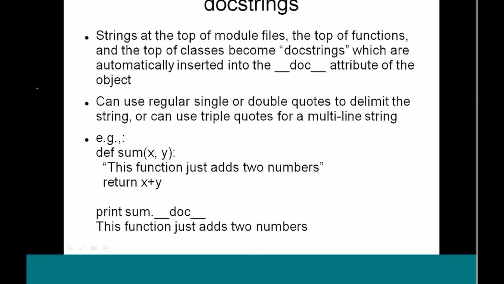Strings at the top of the module files, or the top of functions and top of classes can all become doc strings, which are automatically inserted into the underscore doc underscore attribute of the object. We can use regular single or double quotes to delimit the string, or we can also use triple quotes for a multi-line string. These are the standard ones that we saw.